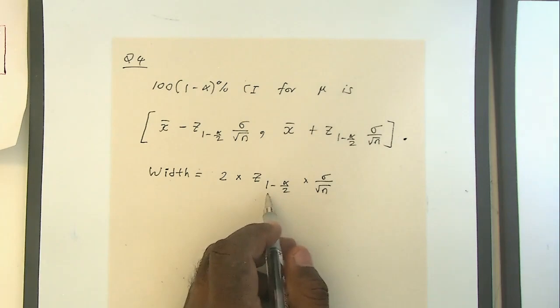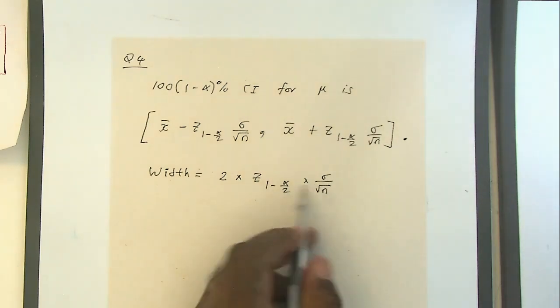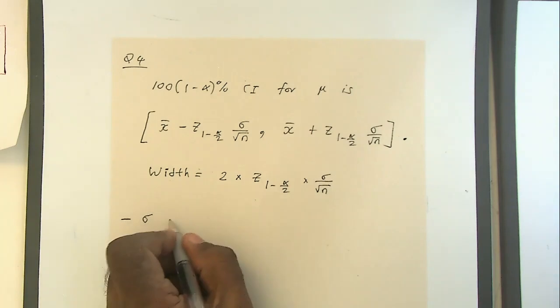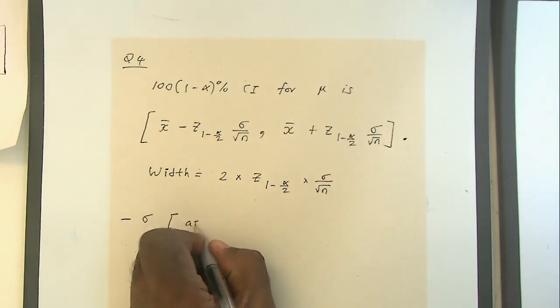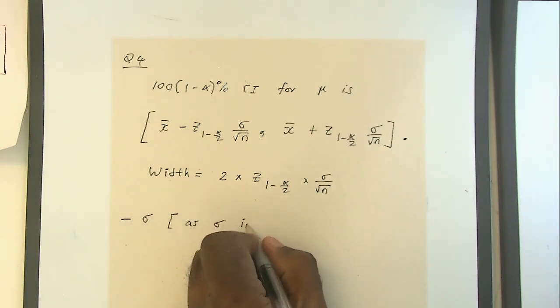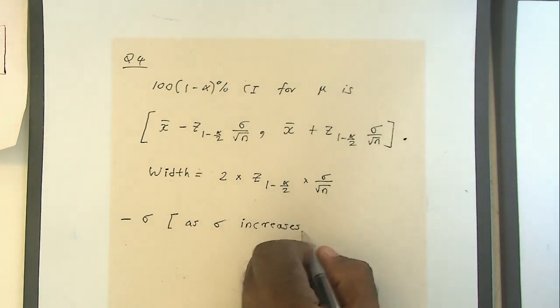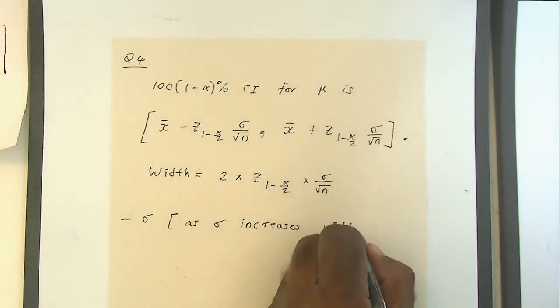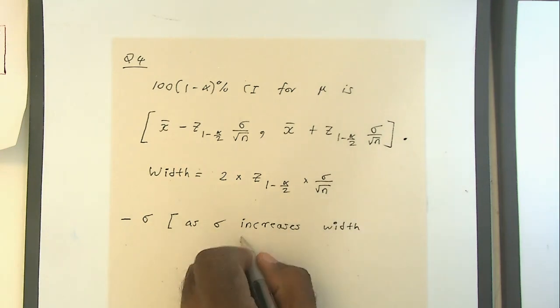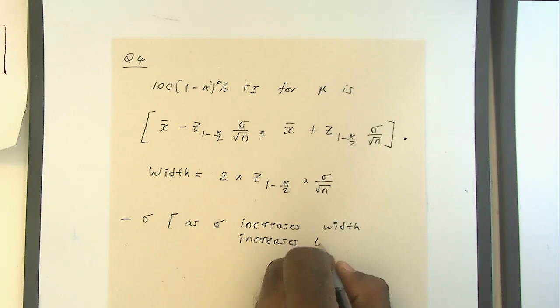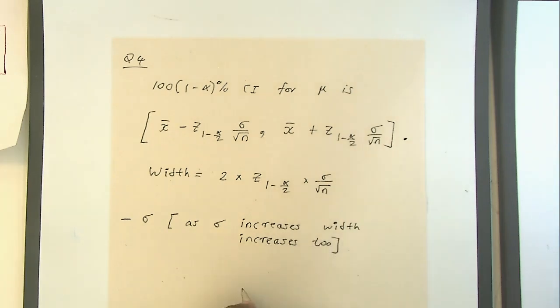Now there are 3 things that affect the width. One is sigma, right? And you can see as sigma increases, the width will also increase because it's an increasing function.